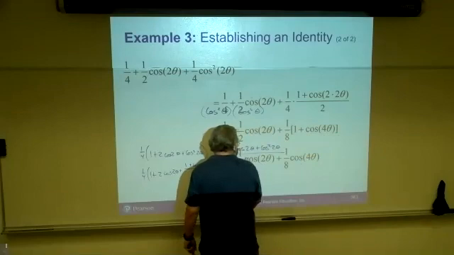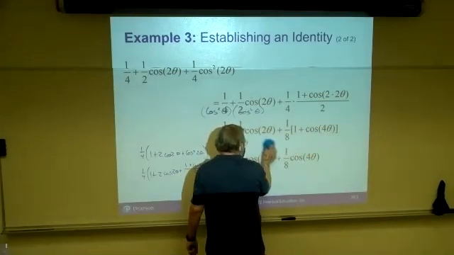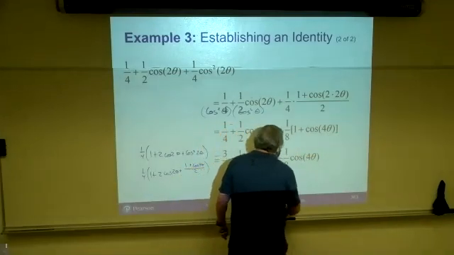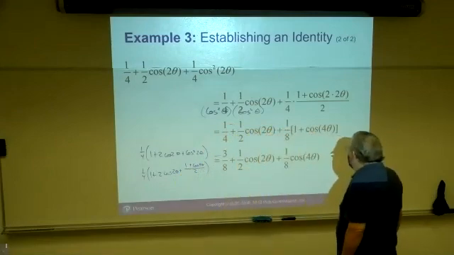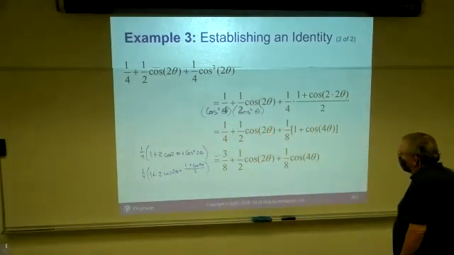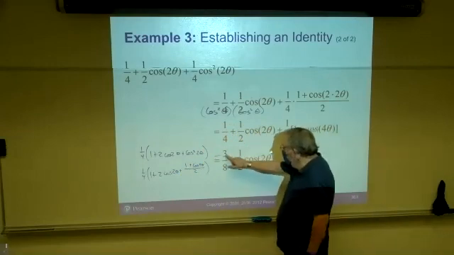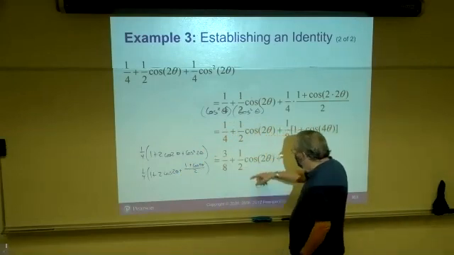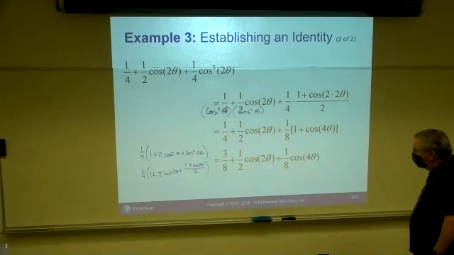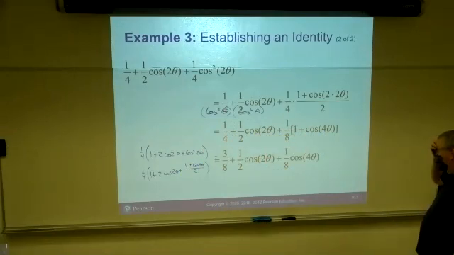They didn't factor out the 1/8. They multiplied in by the 1/8, which I would leave there to begin with. And so they added 1/8 to 1/4, which gave us 3/8 plus 1/2 cosine 2 theta plus 1/8 cosine 4 theta.